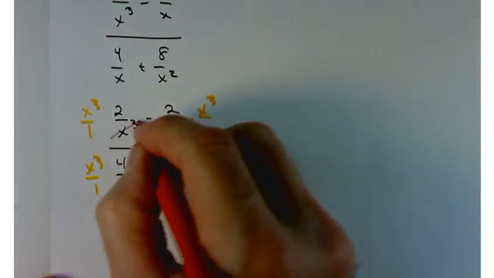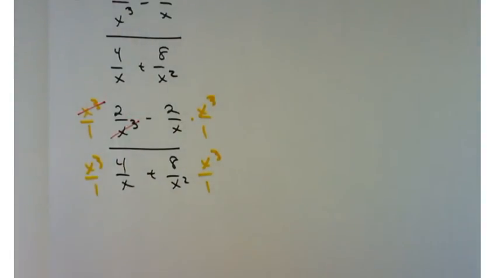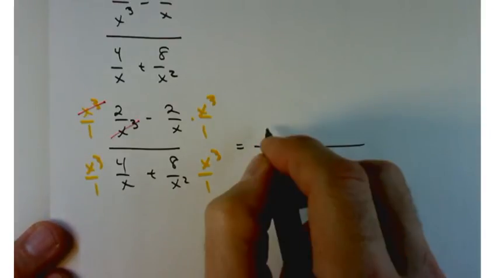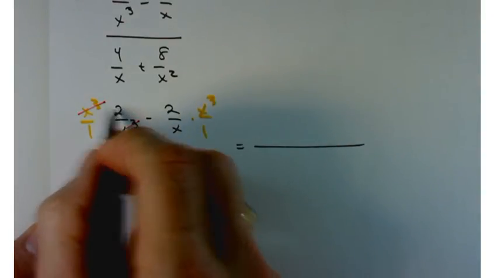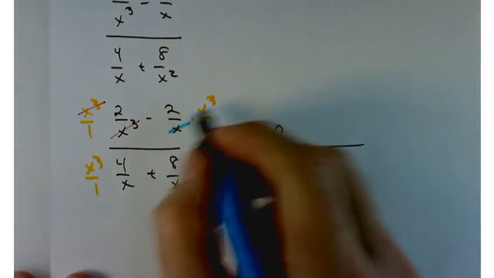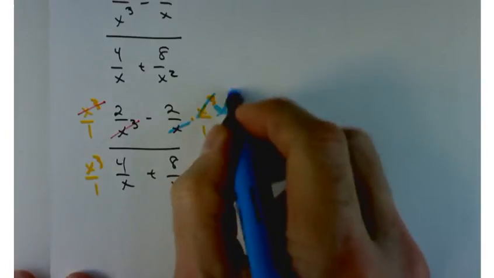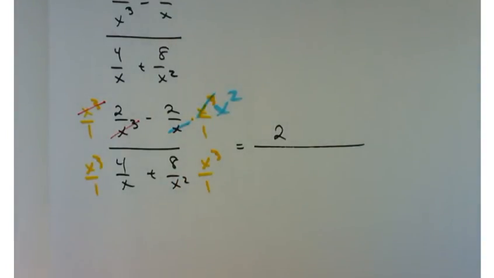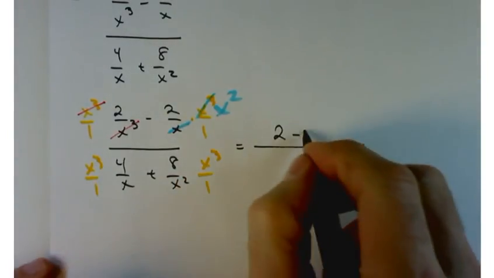So the x cubed term here cancels out completely. That's great. So that's going to leave behind a 2. Some more cancellation with this term. This cancels, and it's going to leave behind an x squared. So 2 minus 2x squared.